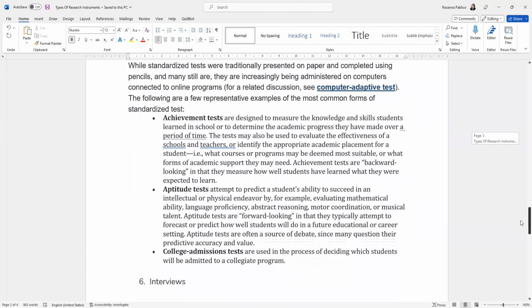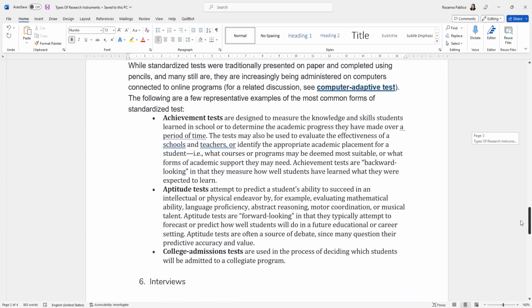Okay, next under the standardized tests, we have aptitude tests, no, and this attempts to predict a student's ability to succeed in an intellectual or physical endeavor. For example, evaluating mathematical ability, language proficiency, abstract reasoning, motor coordination, or musical talent.